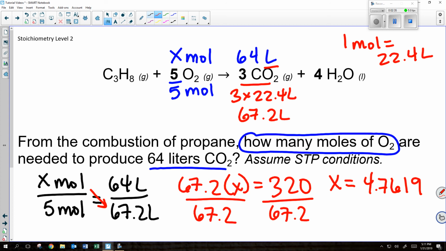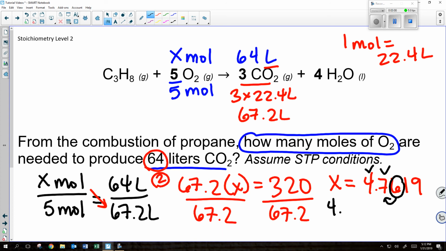Now, to determine my final answer, I need to check the number of significant figures needed. If I go back to the original equation, 64 has 2 significant figures. So I want my answer to have 2 significant figures. 1, 2. I look at this 6. That 6 is above 5, so it's going to round that 7 to an 8.